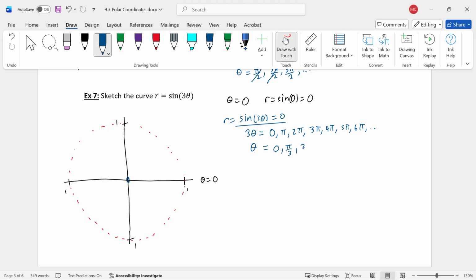So we divide out that 3. We get 0, pi thirds, 2 pi thirds, pi, 4 pi thirds, 5 pi thirds, and 2 pi.